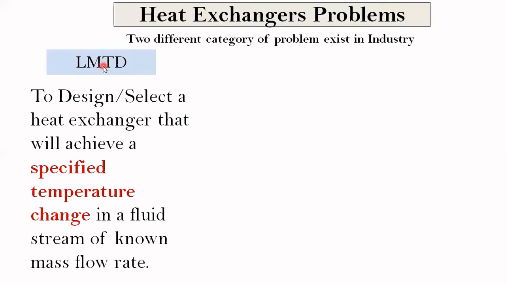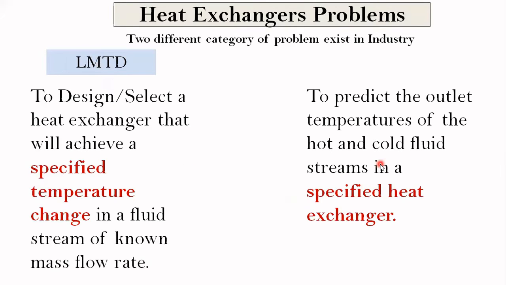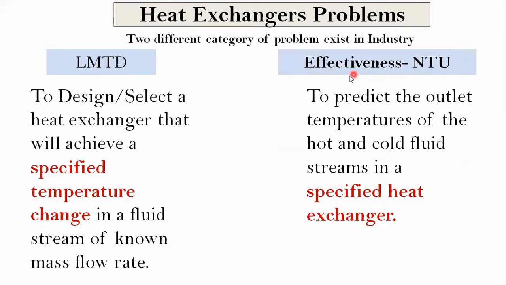That is basically the LMTD method. The other problem is where we have to predict the outlet temperatures of hot and cold fluid in a specified heat exchanger. Here the heat exchanger is given to us and we have to predict the exit temperatures. There we have to use the effectiveness NTU method.